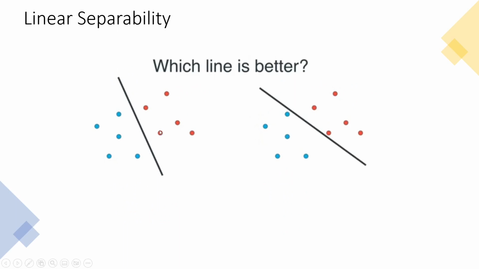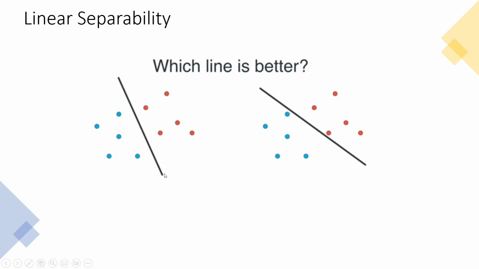We can split these sets, but some lines might be better than others. For example, this one looks like a better split than this one, because this somehow looks fishy. It's close to this point, it's close to this point, and this looks much better.